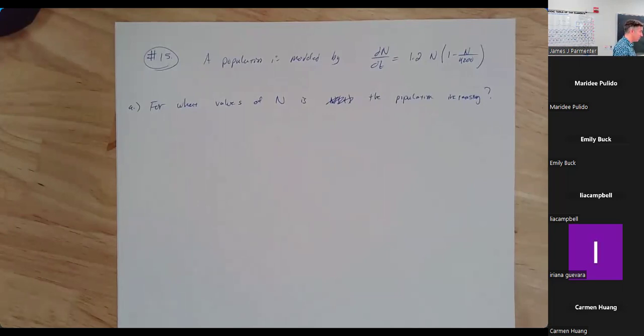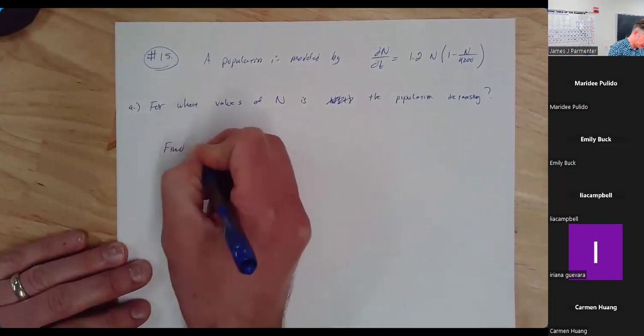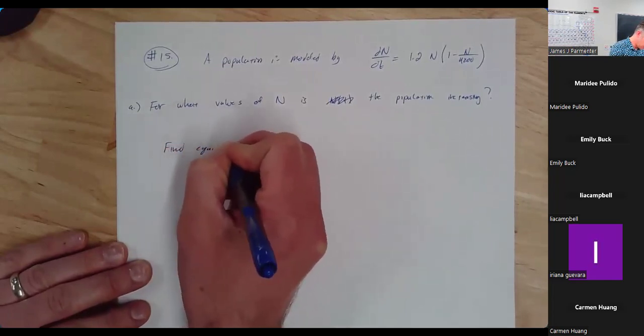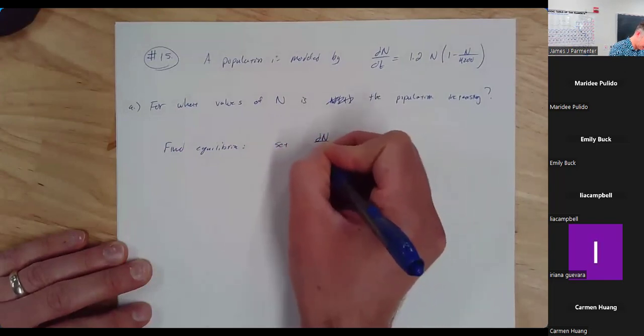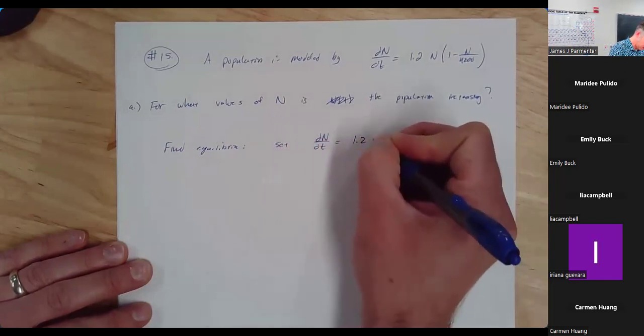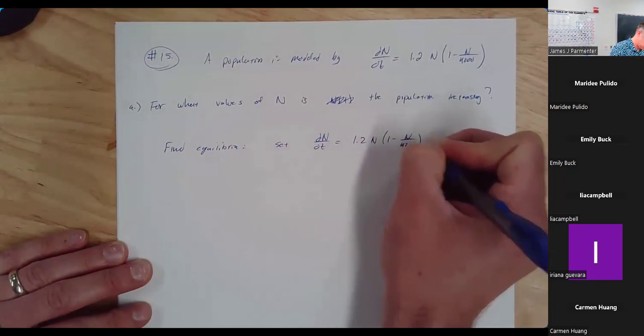Even though we haven't been asked to, it's usually a good idea to answer any kind of question about increasing or decreasing. So we're going to find the equilibria in the usual way by setting the derivative that we were already given, 1.2 times N times 1 minus N over 4,200, equal to 0.